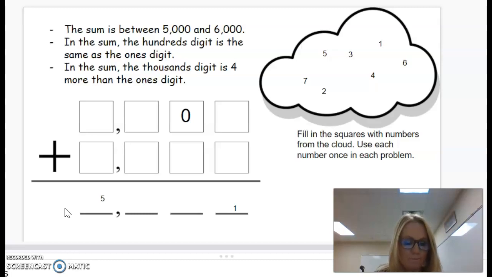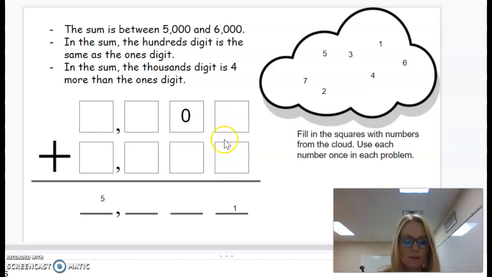Okay, to solve, we have to start using the digits from the cloud to fill in our add-ins right here. If the ones in the sum is a 1, what could the two add-ins be? Well, since we don't have both a 1 and a 0, we must be doing some regrouping.